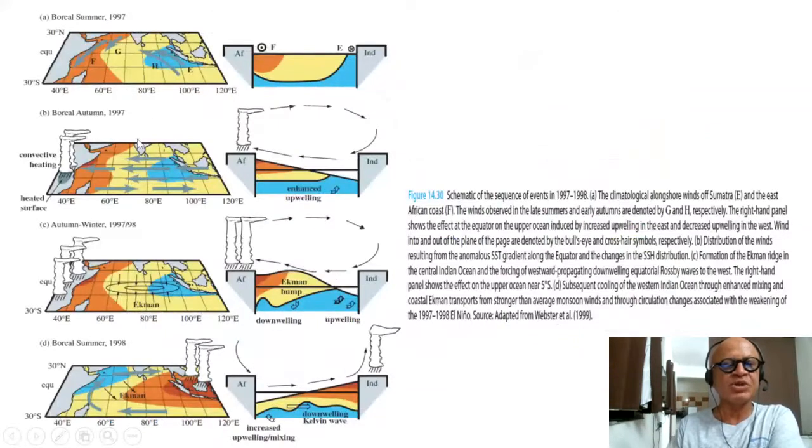This is the idea of evolution of the 97-98 event from the Webster et al. paper from 1999, which talks about the beginning of the alongshore winds, which I said is potentially related to the Indonesian rainfall anomaly over here, and then associated with that there is a thermocline signature in the ocean that grows into these easterly wind anomalies, convection on this side, and then a stronger east-west tilt of the thermocline, like in the Pacific, except that it's in the opposite sense, and then you have all these nice Ekman processes that begin to turn the process around, and by the boreal summer of 98, it's not clear the life cycle is really that long.